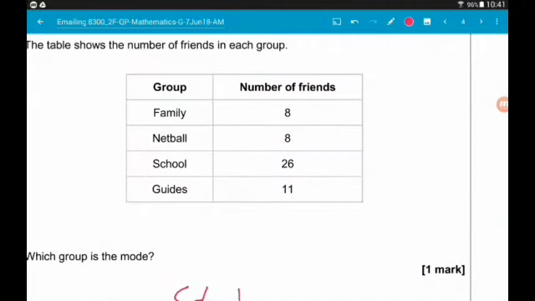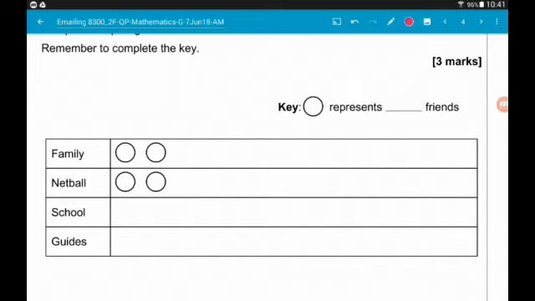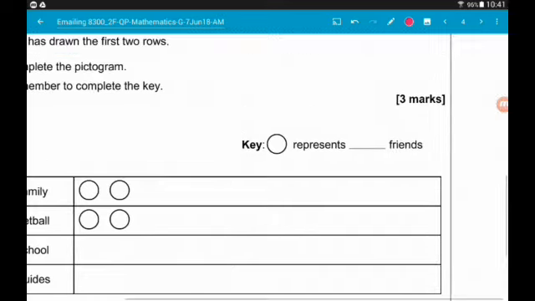Now, in the first 2 groups, family and netball, there are 8 people in both groups. So that means that 2 circles represent 8 people. So 1 circle represents 4 people. So there's the key.